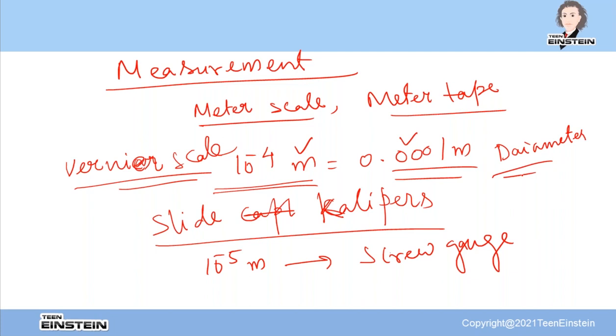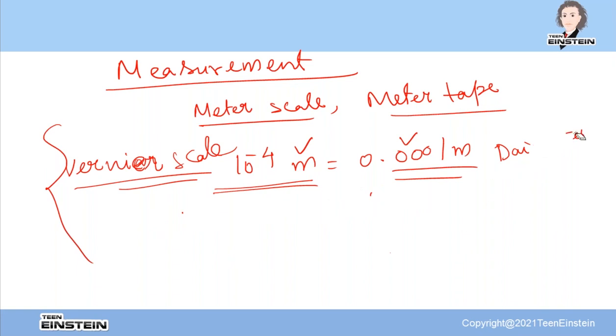These are the distances or lengths which are very much accessible to us, and we can measure them without much error with these instruments. These are called direct methods of measurement of length.